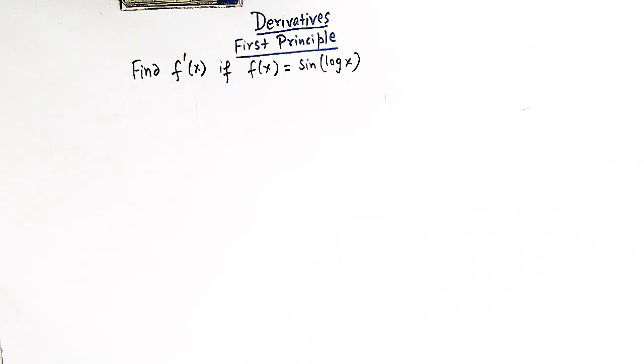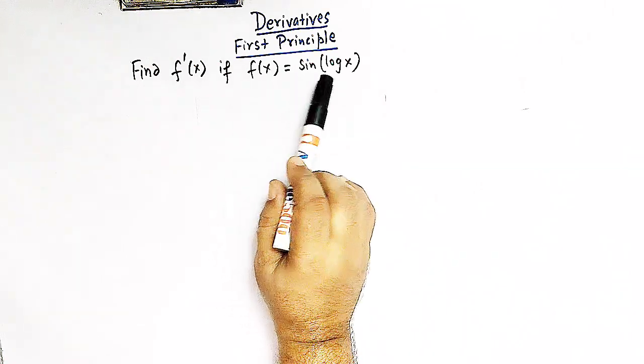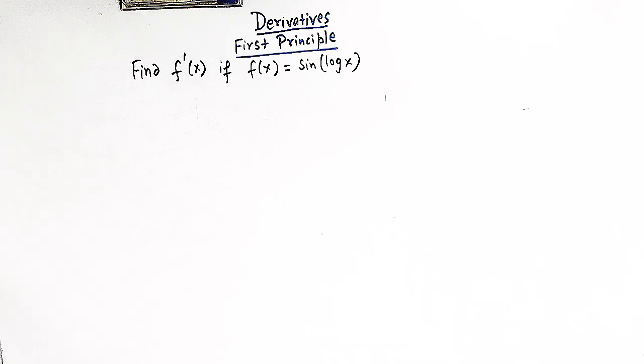Hello viewers, in today's session we are going to discuss another very important and conceptual problem from differentiation, right? So here in this session we are going to find out the derivative of sine log x with the help of first principle, right?